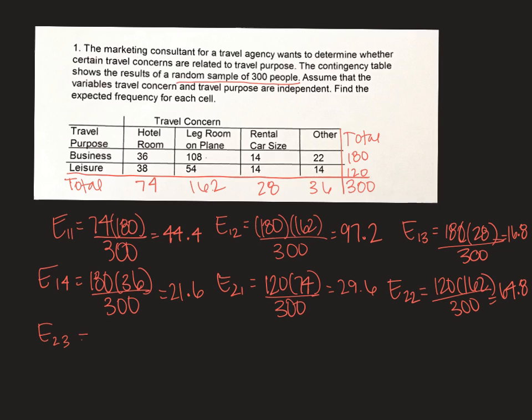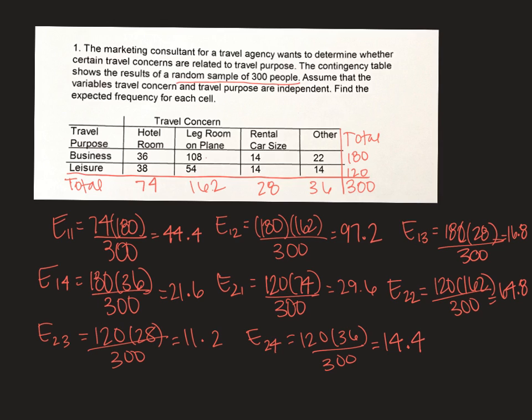Row 2, column 3, 120 times 28 divided by 300 is 11.2. And row 2, column 4, 120 times 36 divided by 300 gives me an expected value of 14.4.